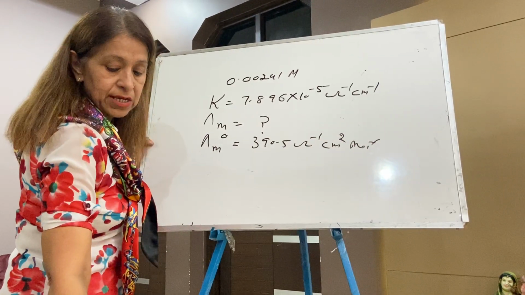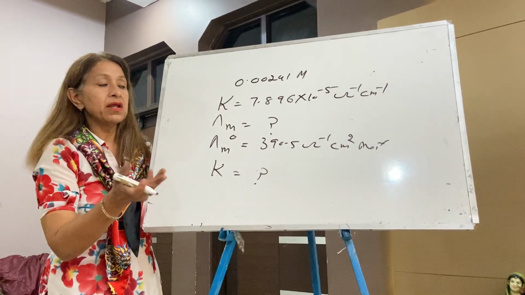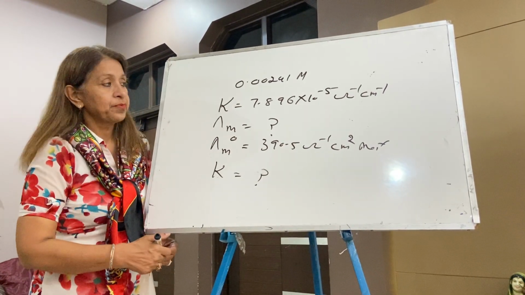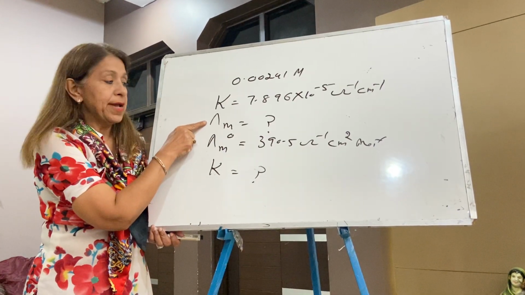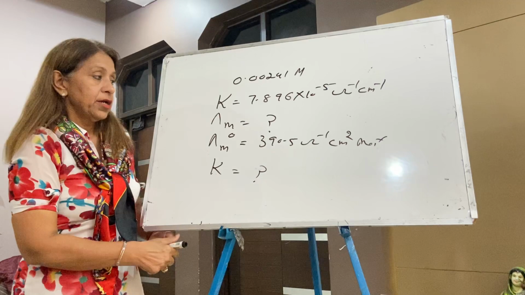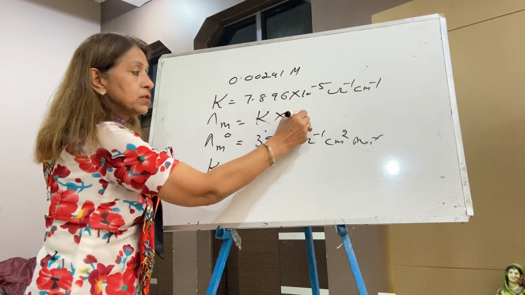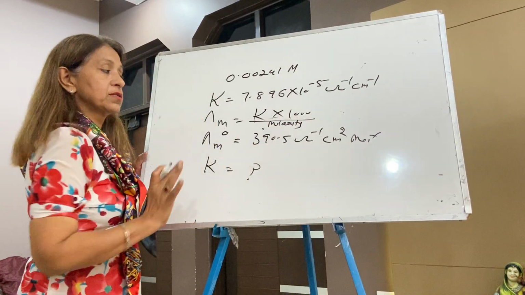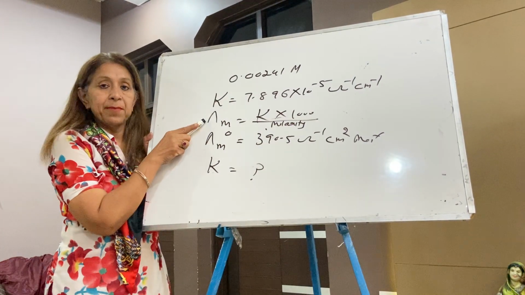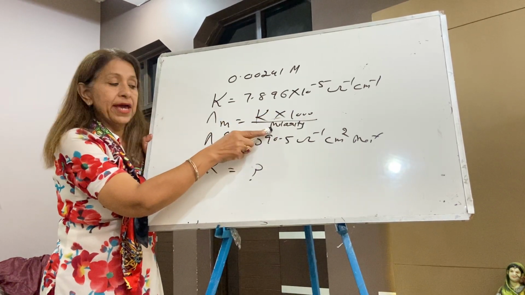Then the question is to calculate the dissociation constant. It's a beautiful numerical because it covers many topics. First of all, the first topic is lambda m. What is lambda m? It is equal to K into 1000 by molarity. We have taken this the day before.